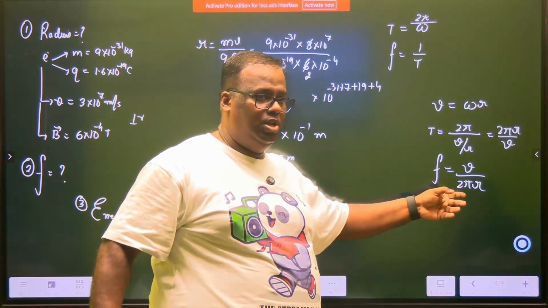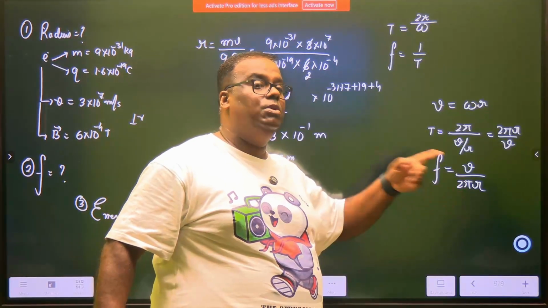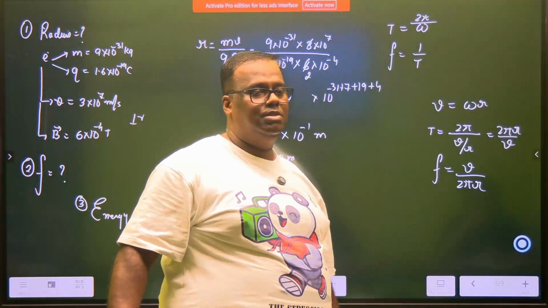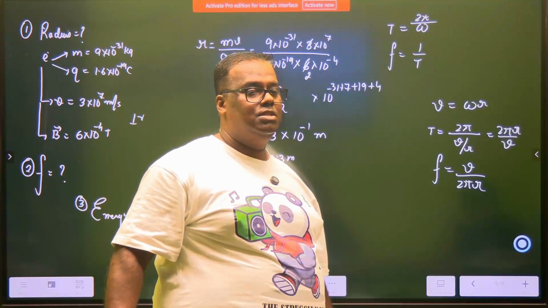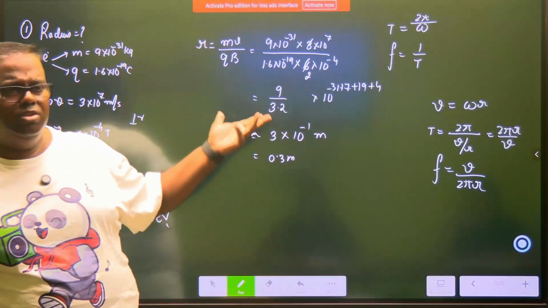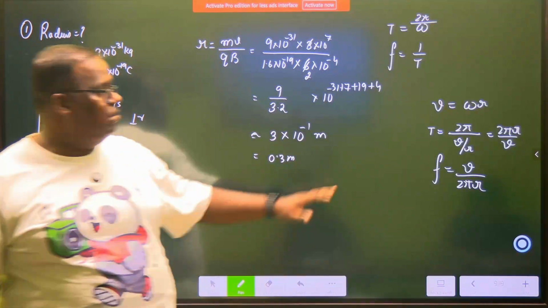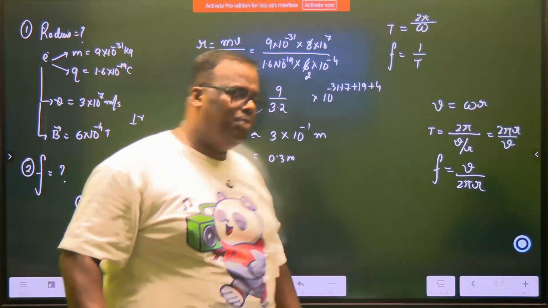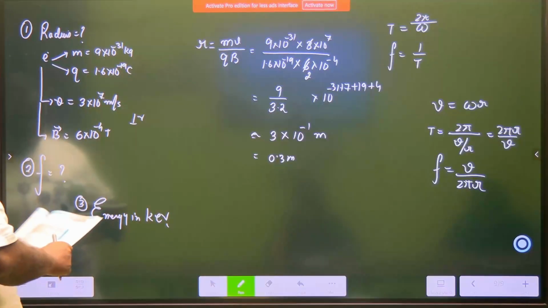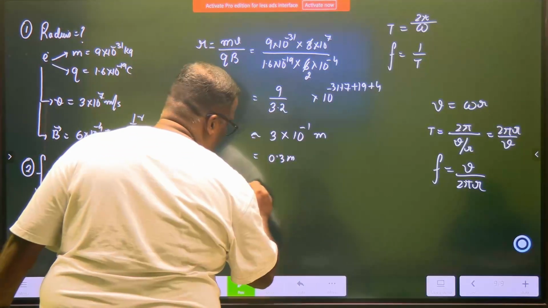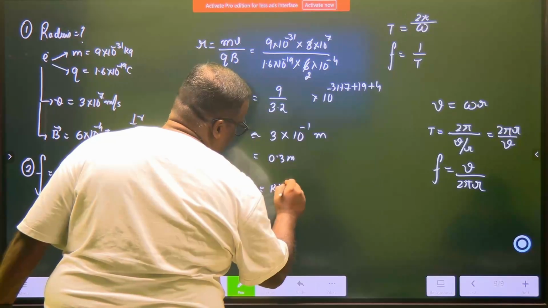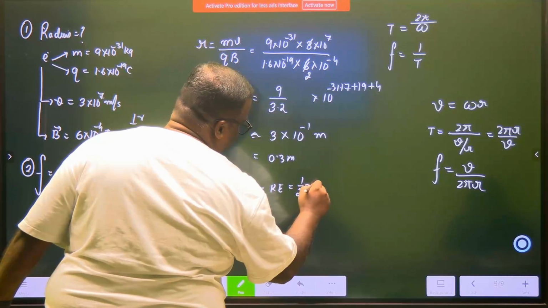Which one? This one? So what is the formula you have? qB by 2 pi m. What is the value of B? B is given in Tesla. Yeah, you can solve it. I'm saying if you forget, you can use this also. So frequency is not an issue. Frequency is found. And then you have to find the energy. Energy is kinetic energy, which is equal to half mv square.